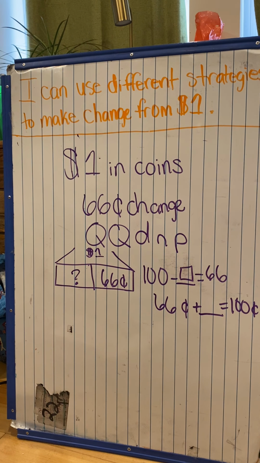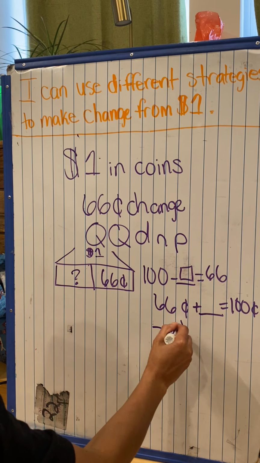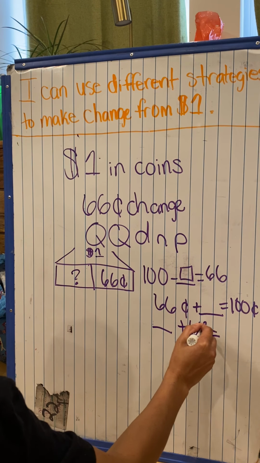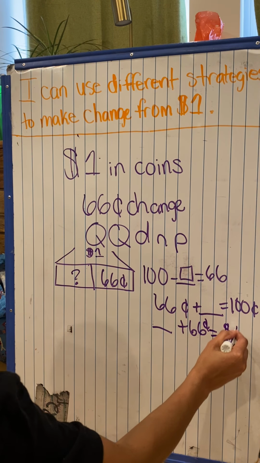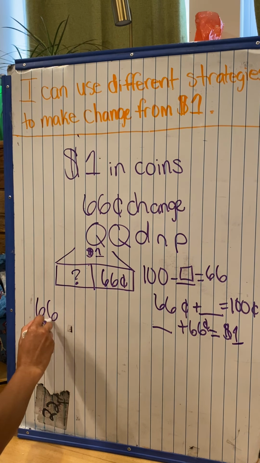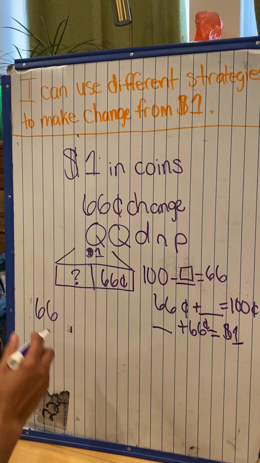Or one more number sentence, we can say blank plus 66 equals $1. So we're going to start at 66 cents and count up to see how much she spent.